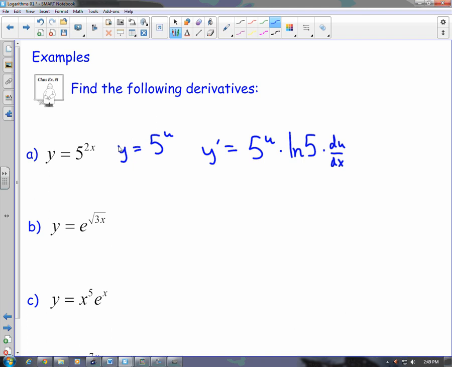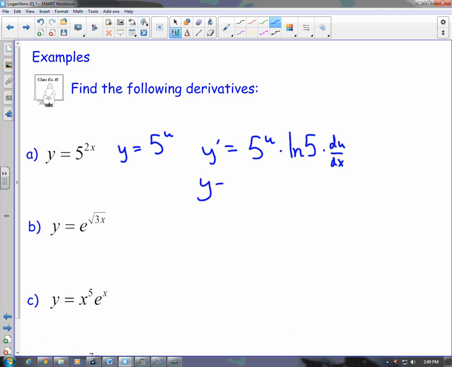Remember that when you're deriving an exponential piece, there are always 3 pieces: the exact same thing you started with, the natural log of the base, and the derivative of the exponent.